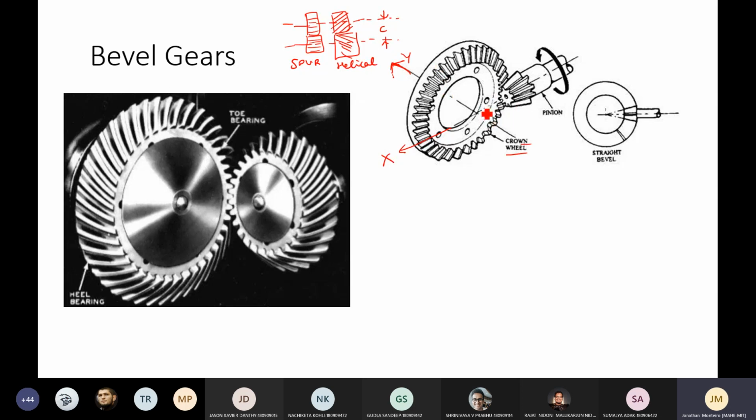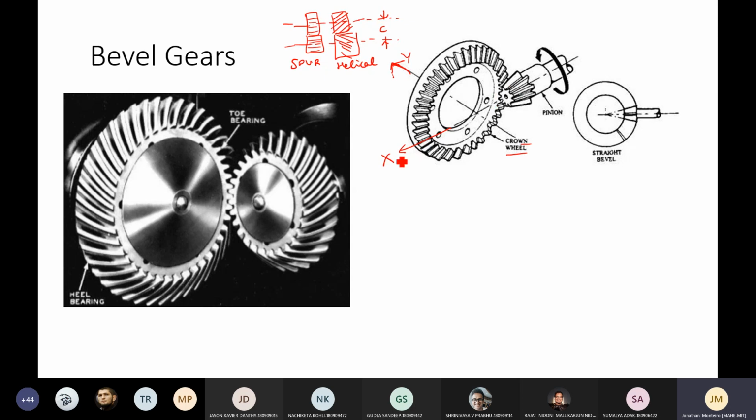Z also you can beautifully do it, just by changing the quadrant in which the pinion and the crown wheel will lie. And one of the main big advantages of this is that you can make the pinion very small, giving it torque and leverage, so that a large amount of torque will be transmitted via the crown wheel.